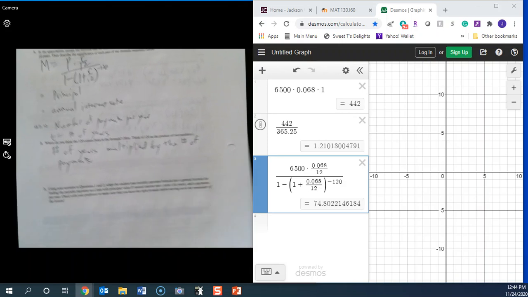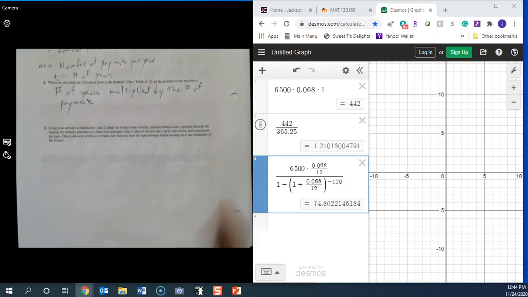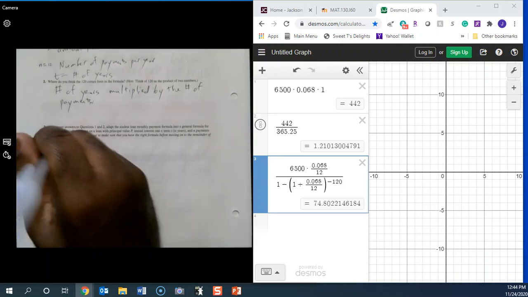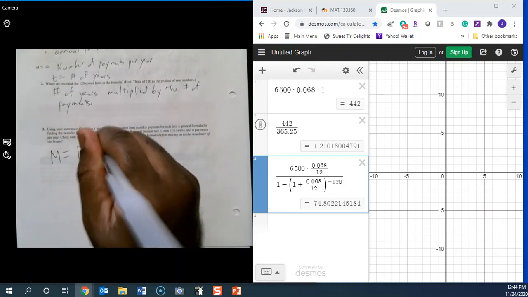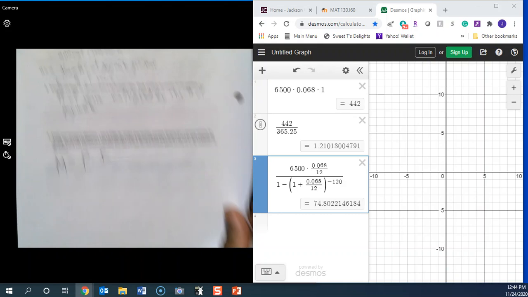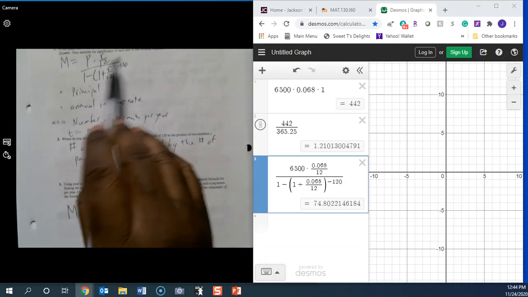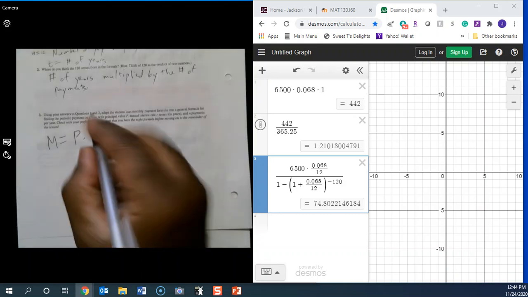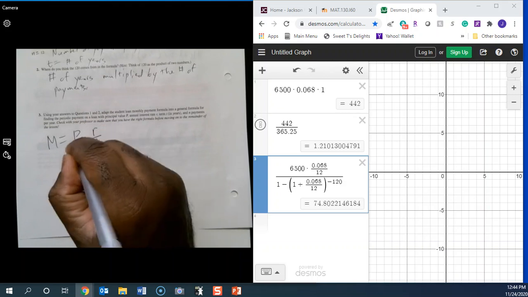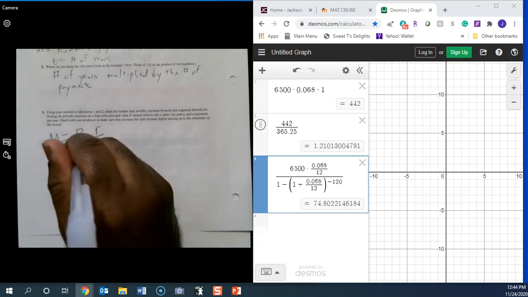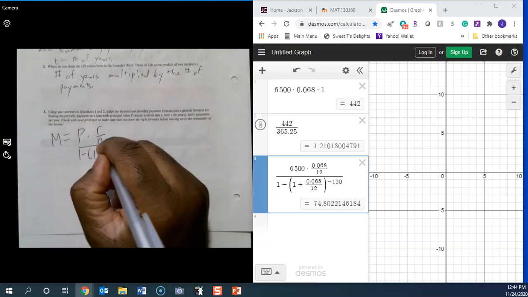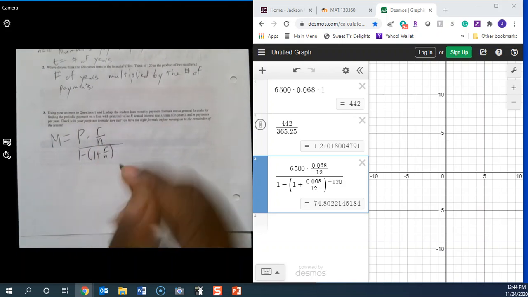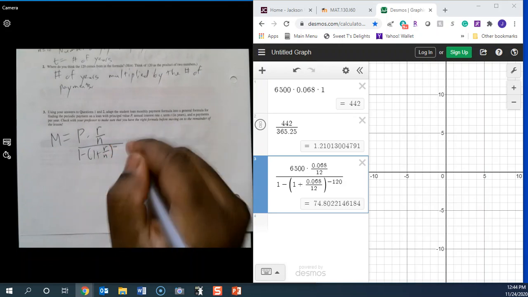Now, to write out a general formula using this knowledge, we have M is equal to P times R. That 12 up here is actually N. So it'd be R divided by N all over 1 minus 1 plus R over N, and then it'd be negative.